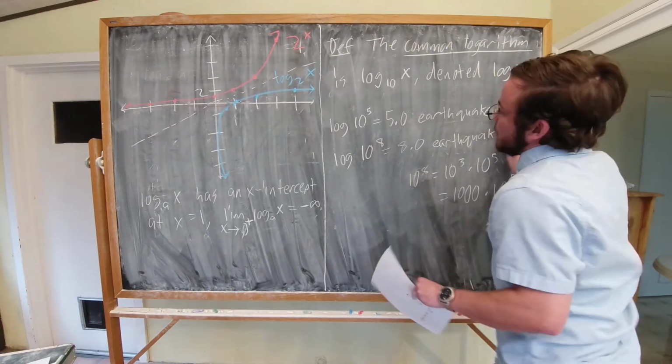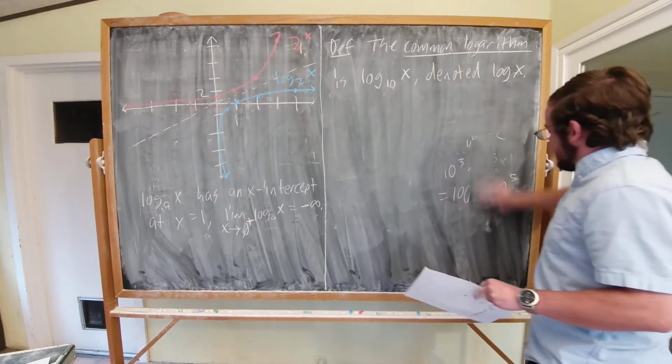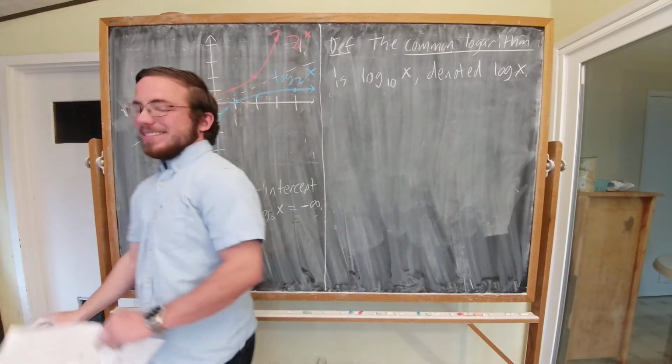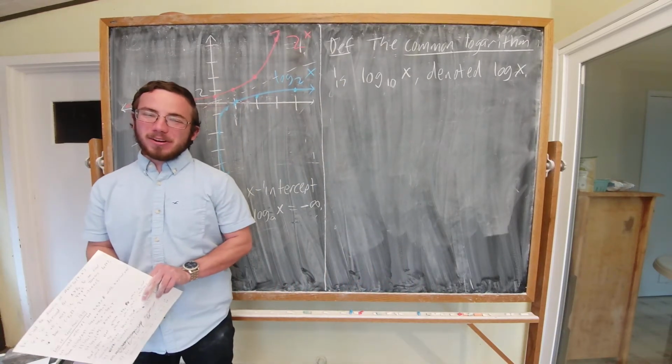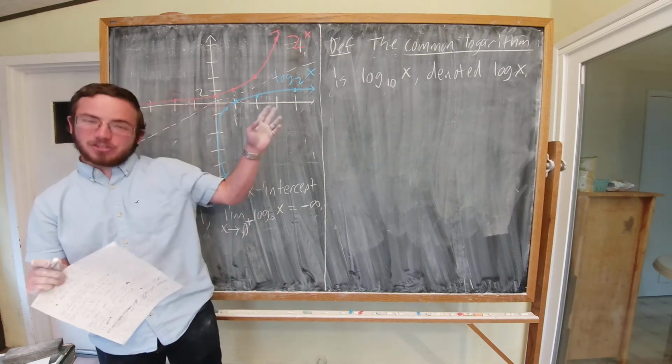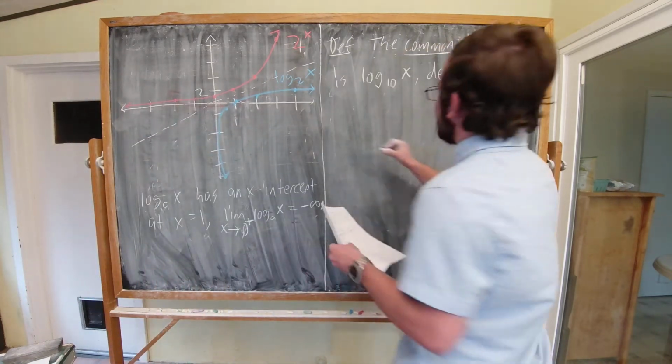Alright, so that's the common logarithm scale, log base 10. And of course, the other important one, if we had an exponential function important enough, it was called the natural exponential function. It makes sense we're going to have a natural logarithm to balance it out.